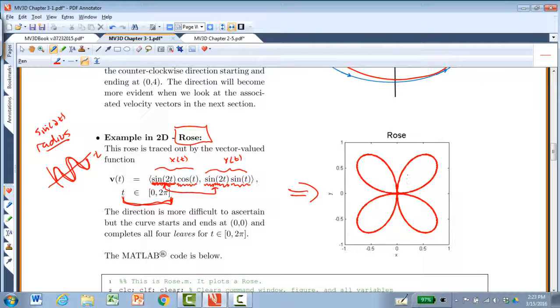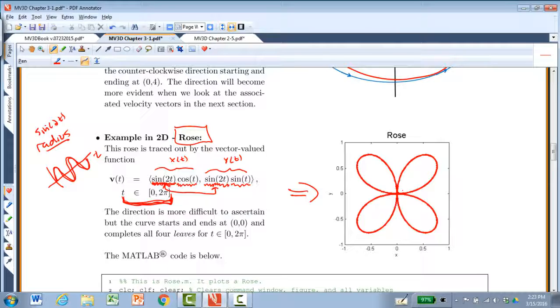Keep in mind, as t goes from 0 to 2 pi, I'm going around the circle in the counterclockwise direction, starting at the positive x-axis.